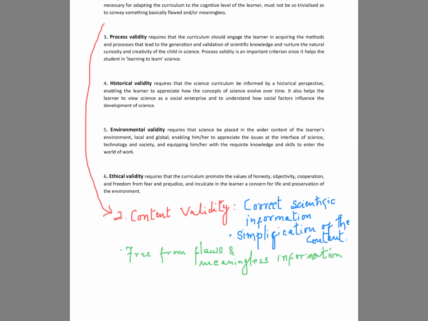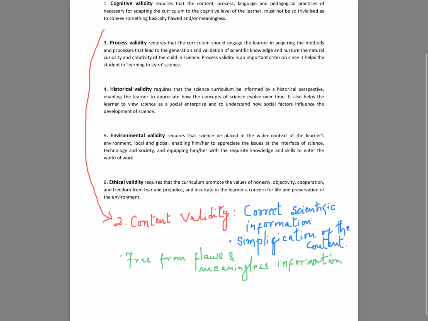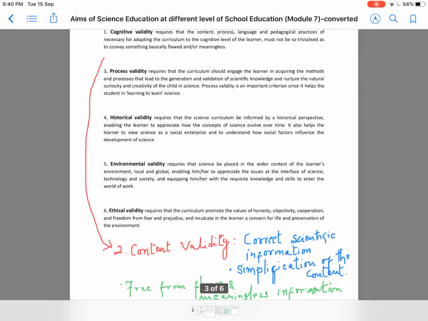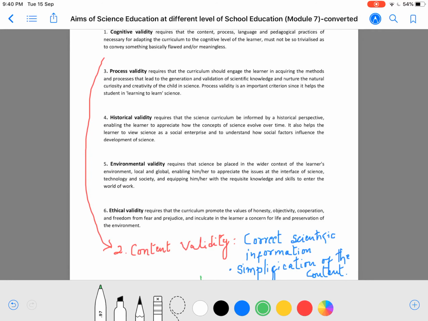And process validity. Process means the learners must engage in acquiring the different methods and processes that lead to the generation and validation of scientific knowledge.